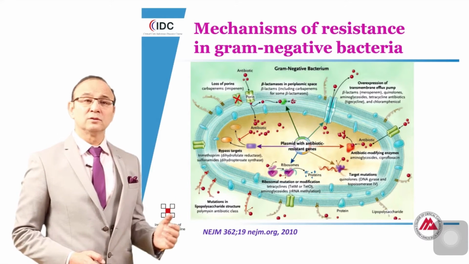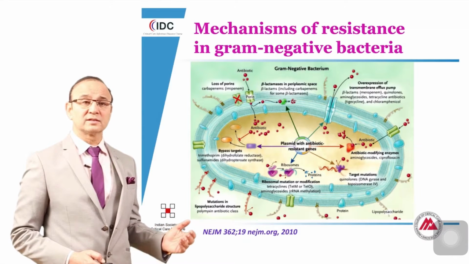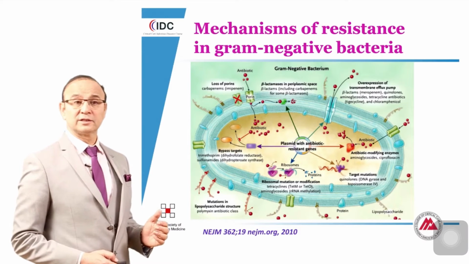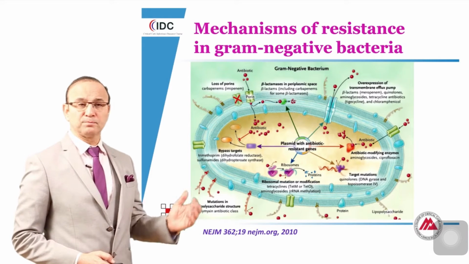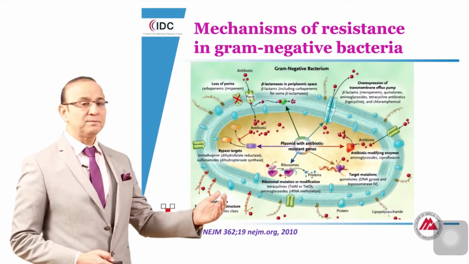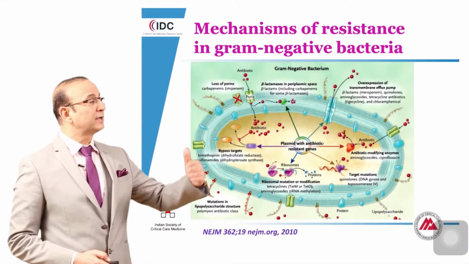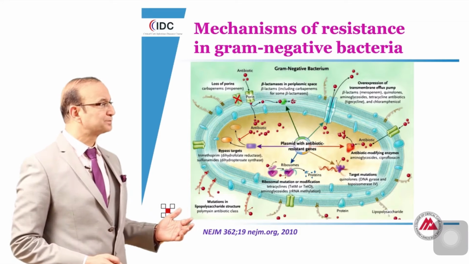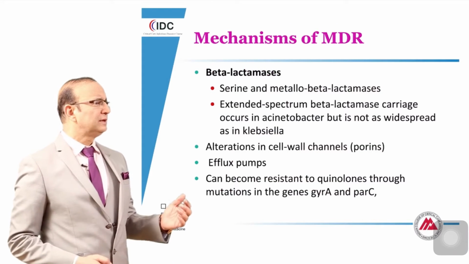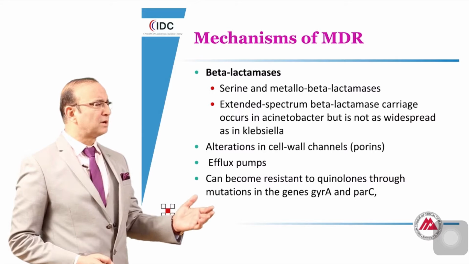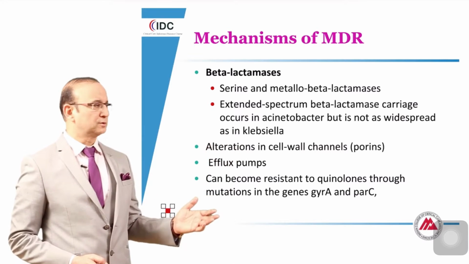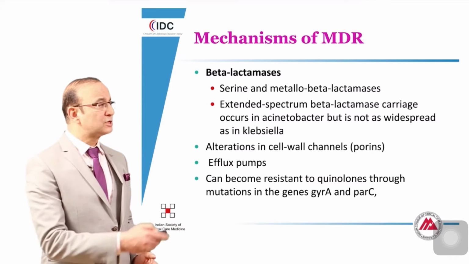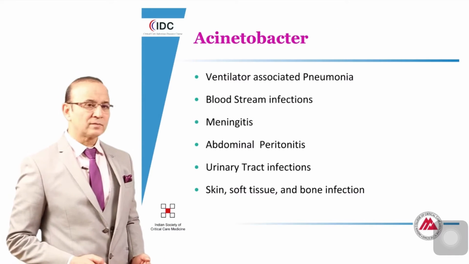If there is alteration or loss of porin channels, the antibiotic is not able to enter into the bacteria. Similarly, the efflux pump could be a mechanism, where the antibiotic is pushed out from the periplasmic space. Then the other mechanism, prevalent for quinolones, is through mutations in the genes gyrA and parC.